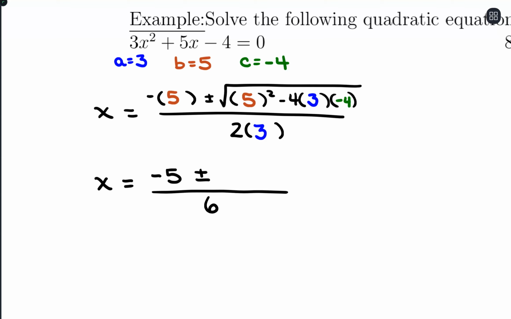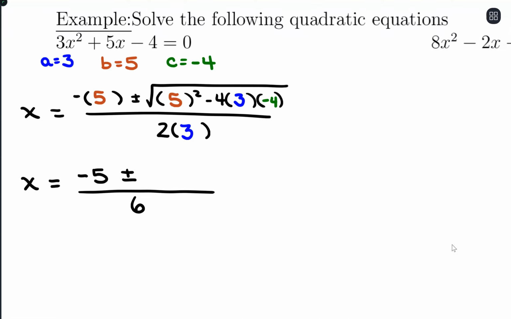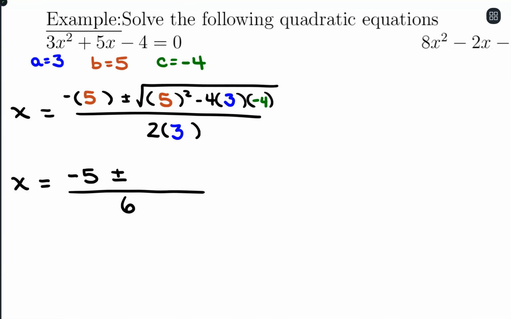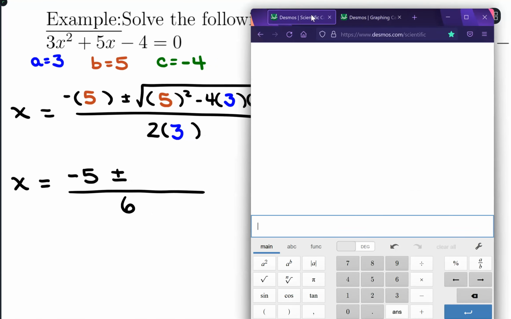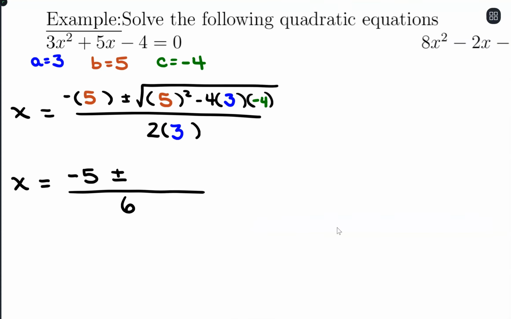And then the square root, I'm going to simplify using a calculator to help out. What we can do is just plug that in all at once. So I'm going to plug in everything that's underneath the square root: 5 squared minus 4 times 3 times negative 4, which is 73. So we're going to have negative 5 plus or minus the square root of 73.